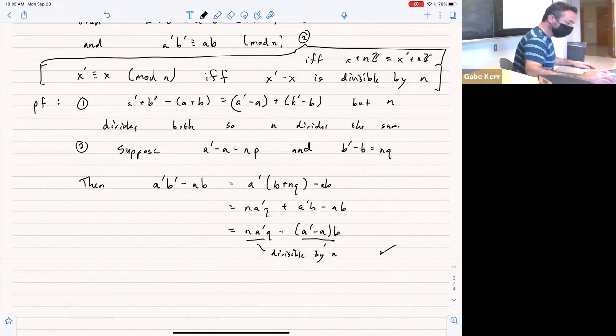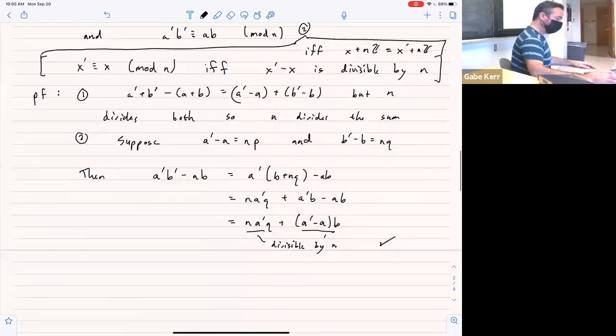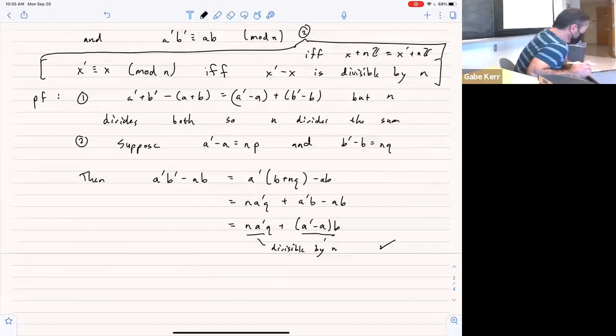Because I didn't need the A prime one. All right, so that's a proof.